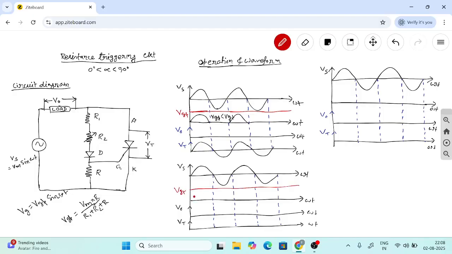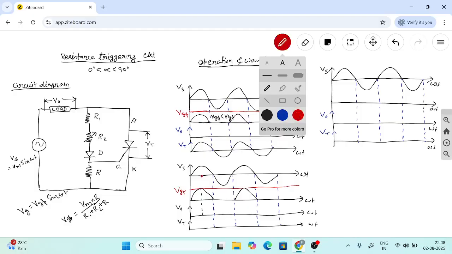Whenever VGP just reaches this voltage, SCR will be turned on at an angle alpha. So we get the output voltage.